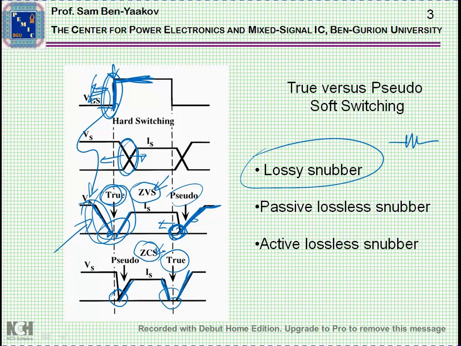So in this case, we might reduce the switching losses, but at the expense of losing some power in these extra components.